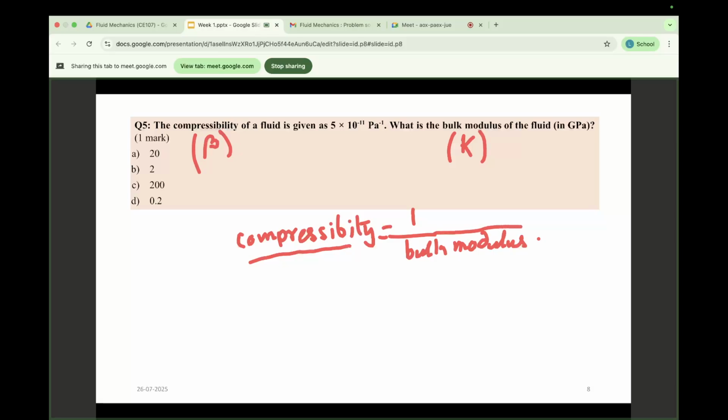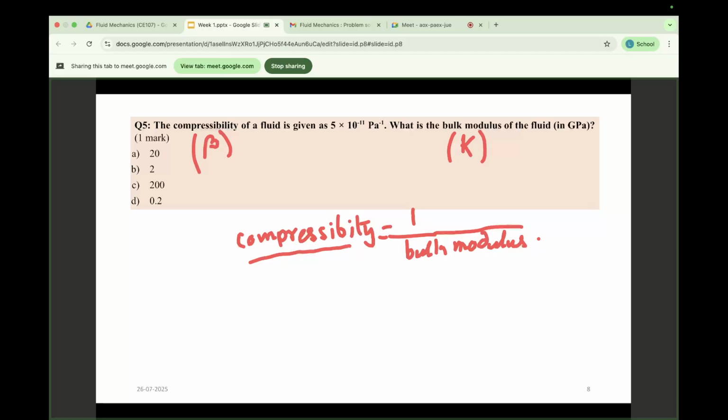If you are trying to change the volume of something, say a solid, and you put some pressure, there is some internal resistance which resists the decrease or change in the volume.